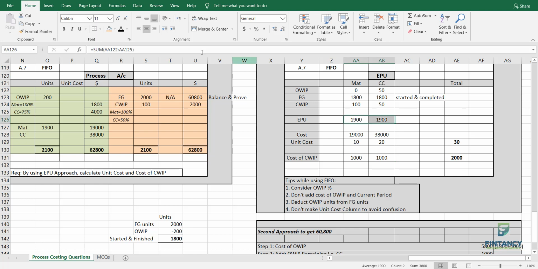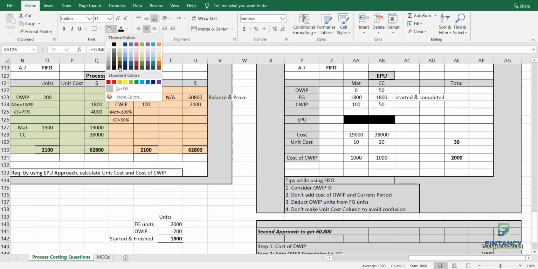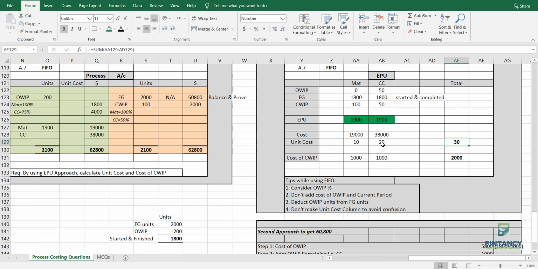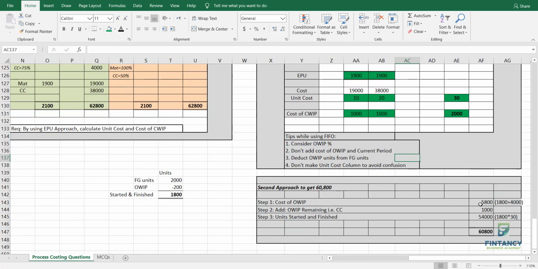So all these can be requirements which I am highlighting now, let me highlight in this color, green. Okay, these all can be your requirements. This can be the requirement, this can be the requirement, these two can be the requirement. So I mean, it depends on the question itself, what they are trying to ask you.